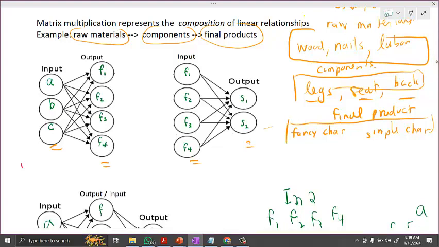Now what I'm interested in is the relationship between the input and the output. How do I get the relationship between the input and the output? Well, I put these two individual relationships together.